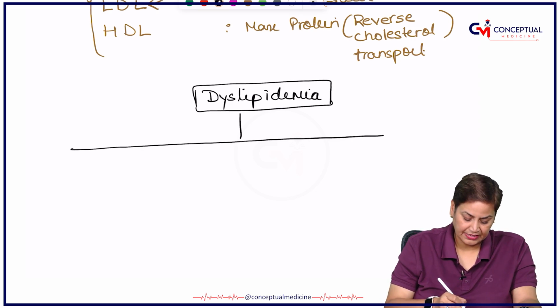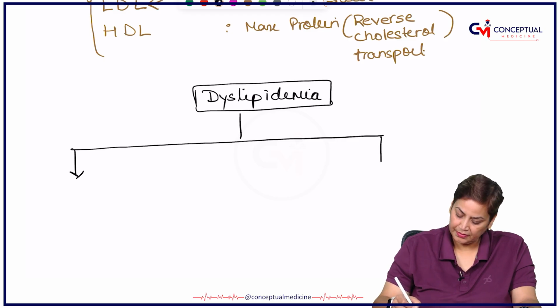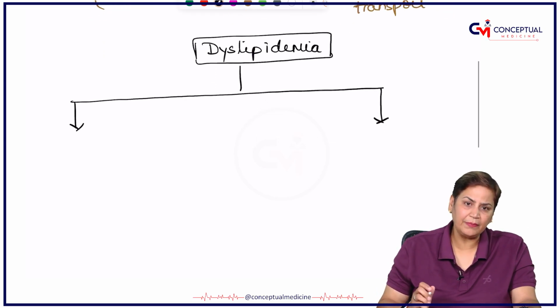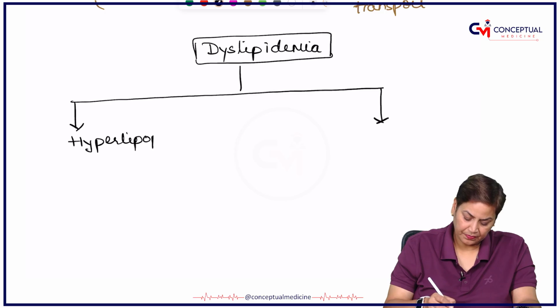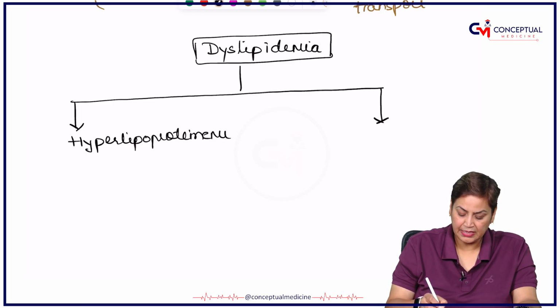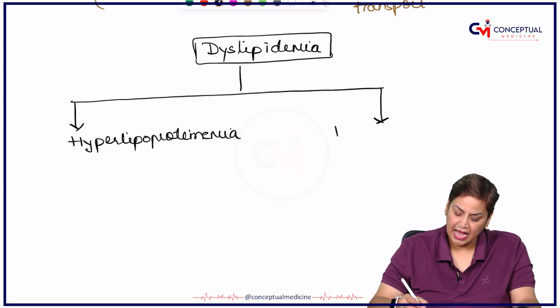They are basically of two types. One is hyperlipoproteinemia, and second is hypolipoproteinemia.